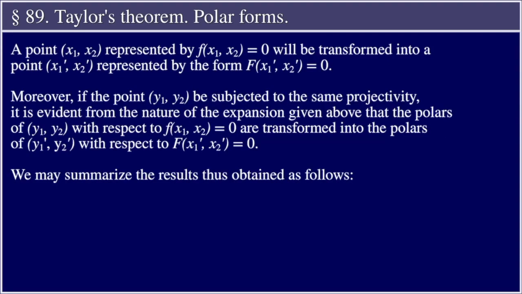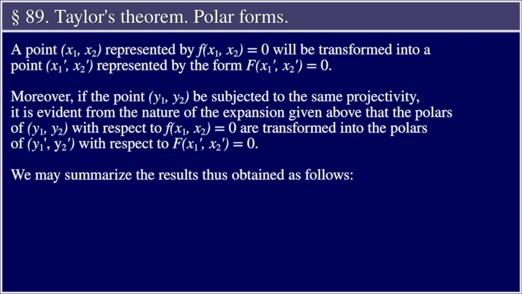A point x sub 1, x sub 2, represented by f of x sub 1, x sub 2 equals 0, will be transformed into a point x1 prime, x2 prime, represented by the form f of x1 prime, x2 prime equals 0.